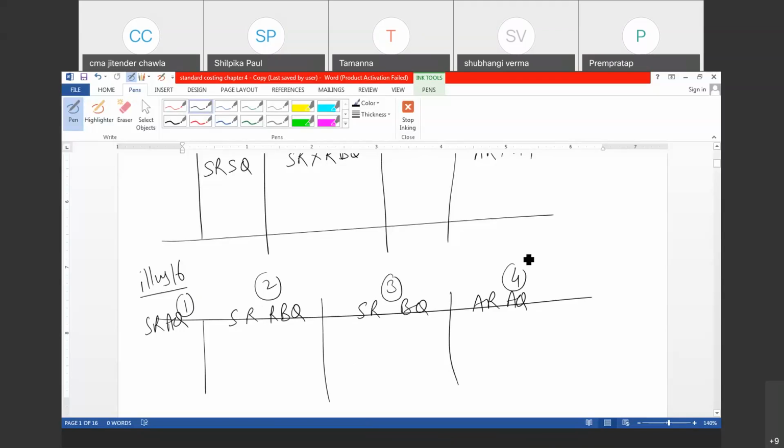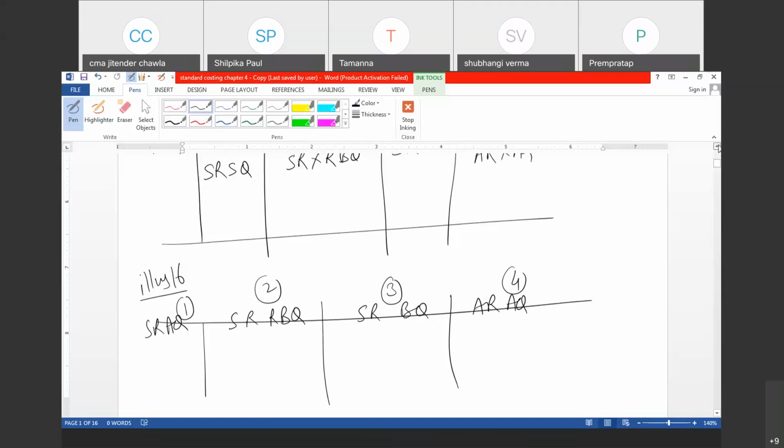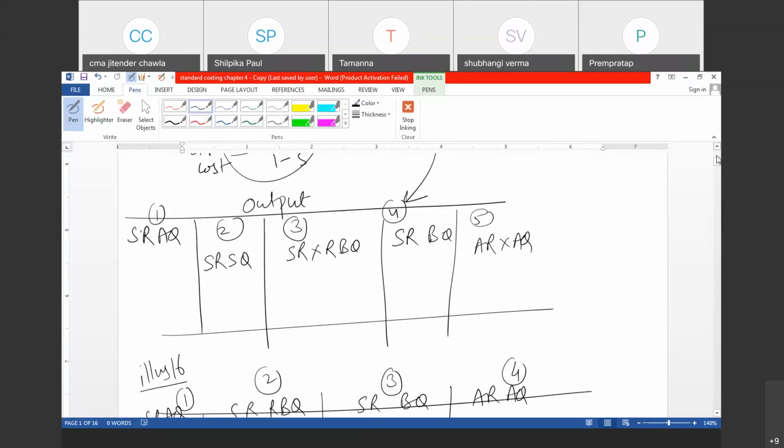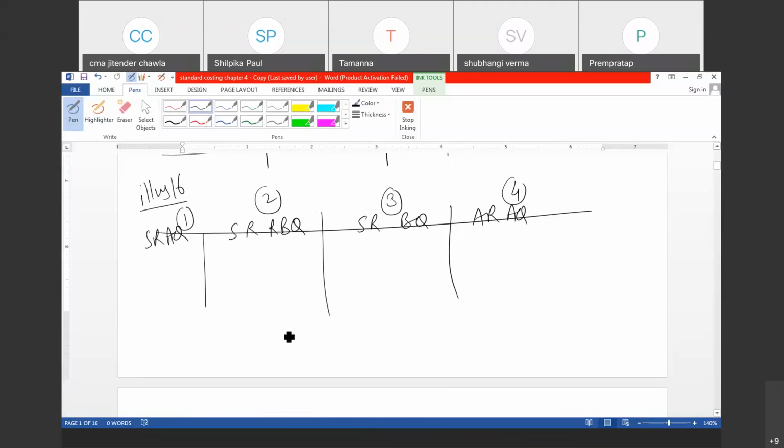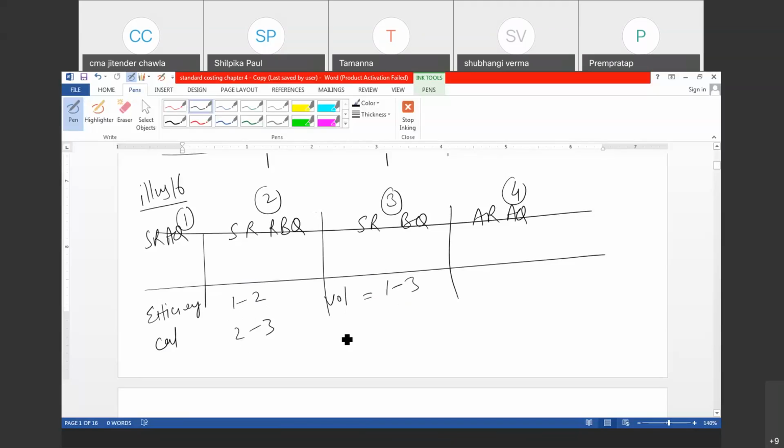Something is missing. If you do illustration number 16, there you will find efficiency, calendar, 1 minus 2, 2 minus 3, 1 minus 3 will be volume, budgeted is 3 minus 4, so cost will be 1 minus 4.